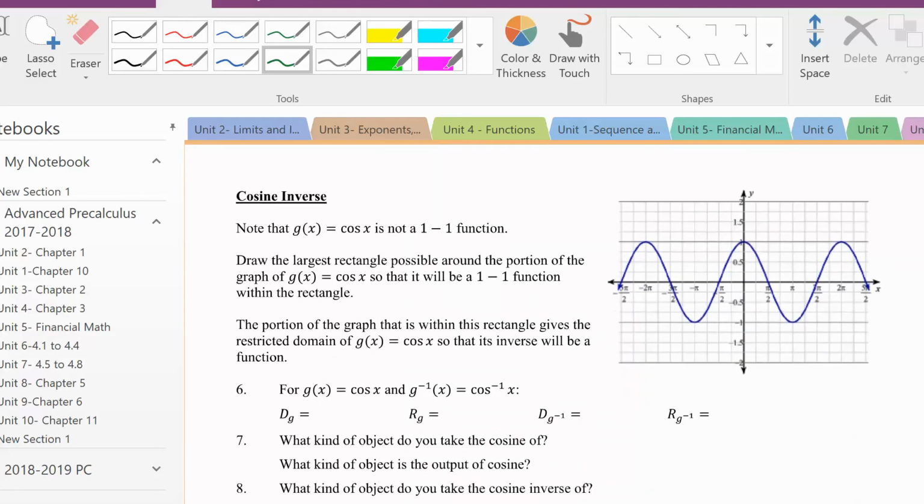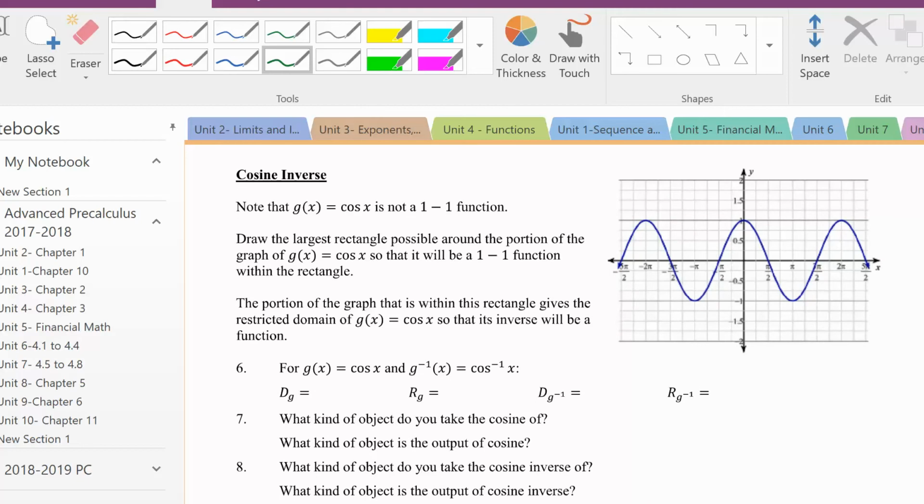All right, so for the cosine inverse, and we'll do some examples at the end, the cosine is also not a 1-to-1 function because it doesn't pass the horizontal line test. And to make the largest possible rectangle where it would, with 0 being included in the domain, well, we can't do negative pi over 2 to positive pi over 2 because that wouldn't pass still.